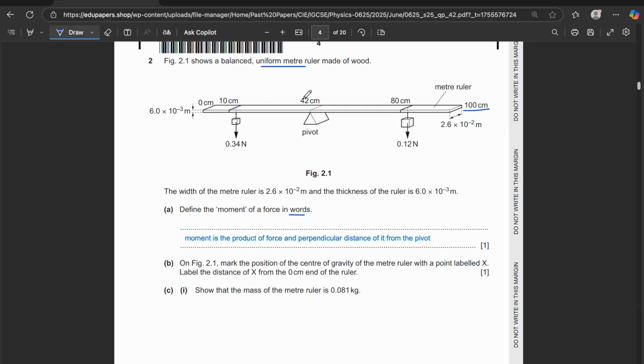So it will be right of this 42 centimeters, so 50 would be slightly around here, so you can label X. And because it says label the distance of X from 0 centimeters, you can also label it like this.